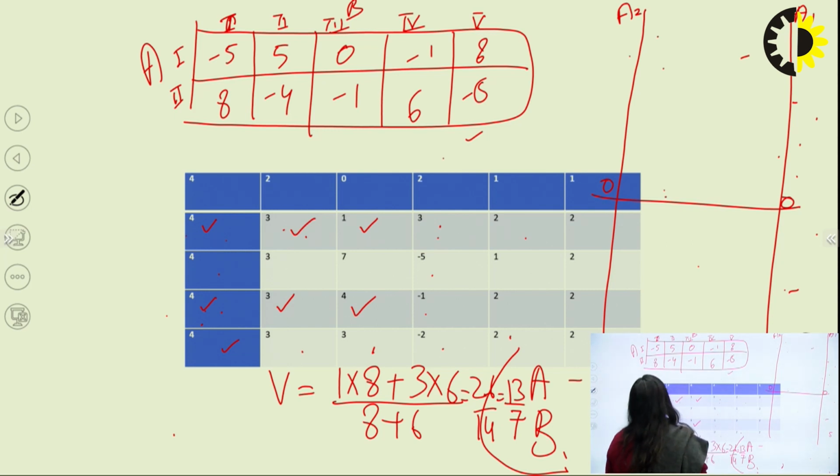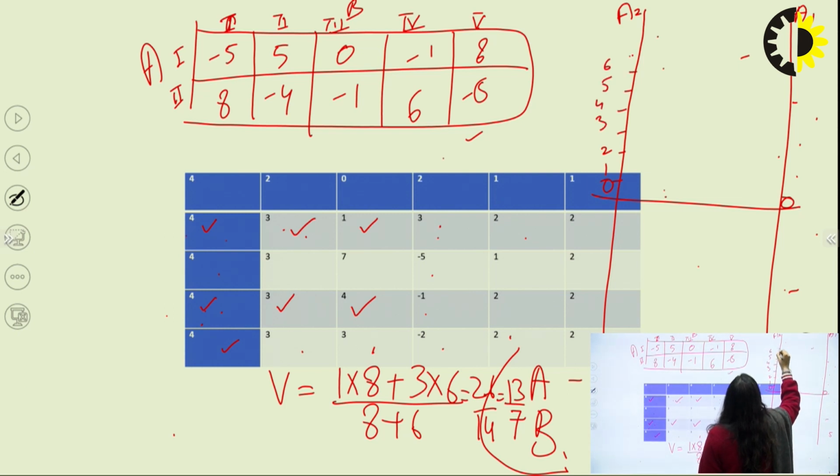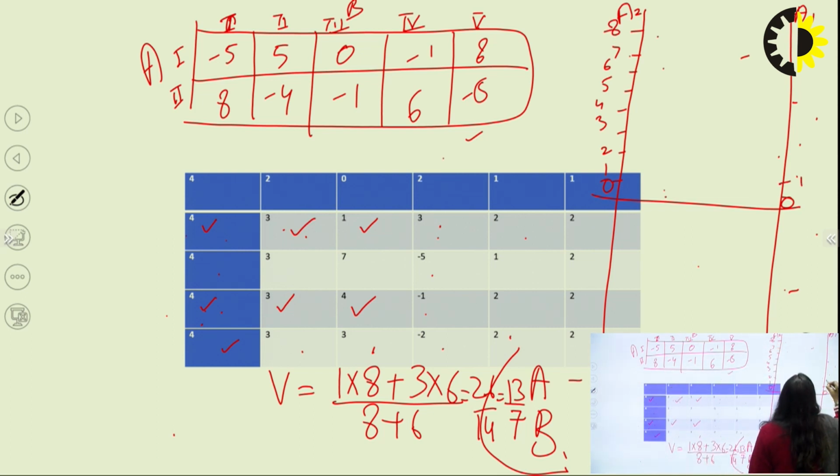Maximum is 8 in A2: 1, 2, 3, 4, 5, 6, 7 and 8, and A1 maximum is also again 8: 1, 2, 3, 4, 5, 6, 7, 8.